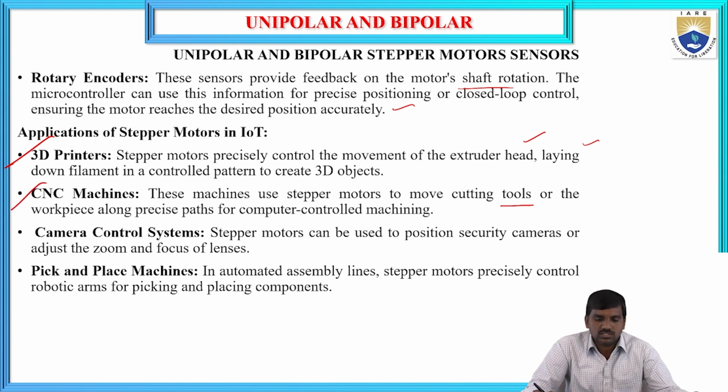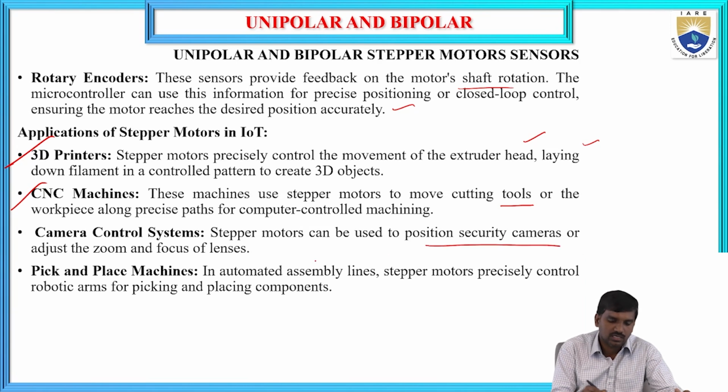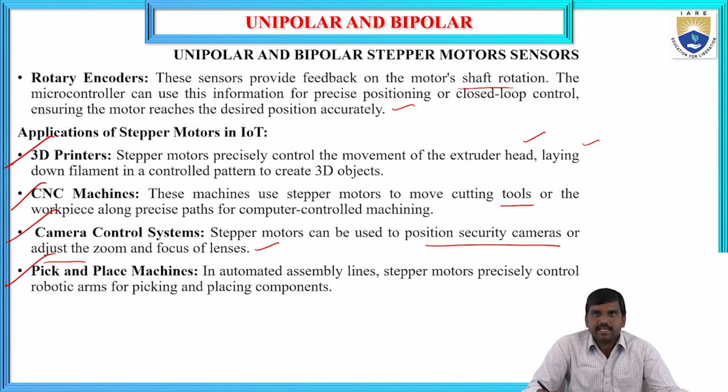Next, camera control systems. Stepper motors can be used to position security cameras or adjust the zoom and focus of lenses. The last one is pick and place machines. In automated assembly lines, stepper motors precisely control robotic arms for picking and placing components in IoT devices.